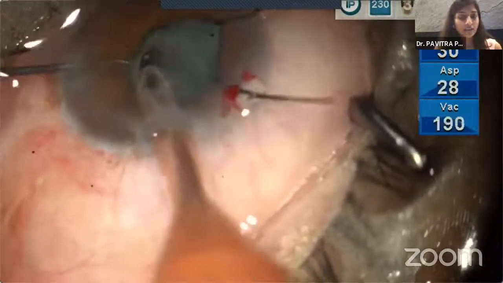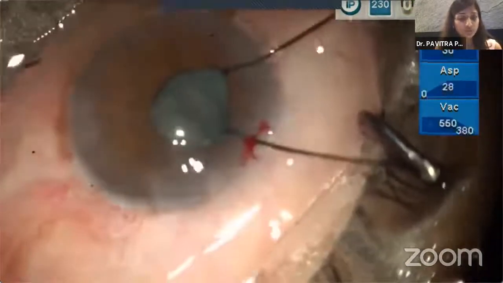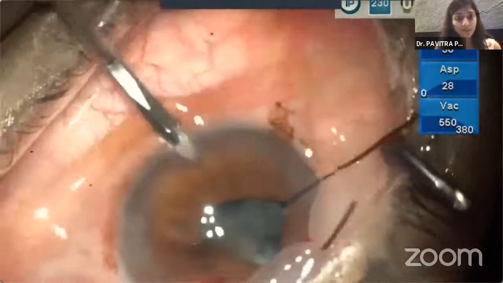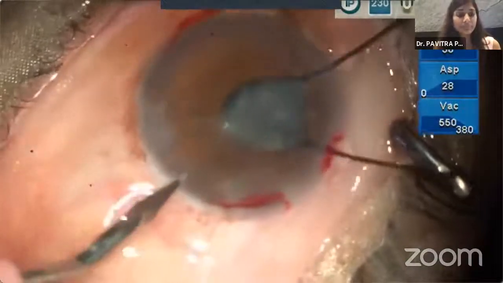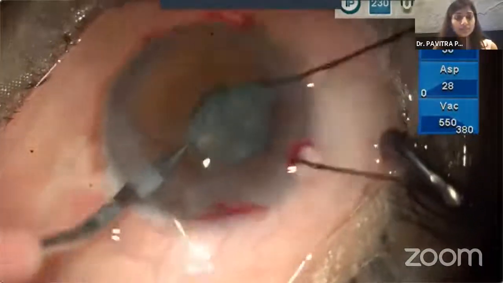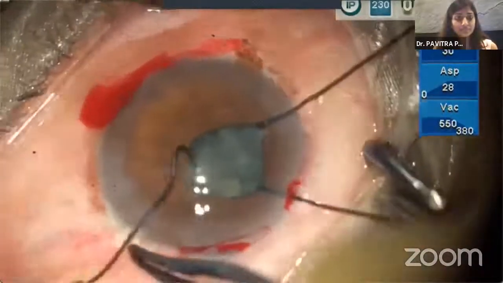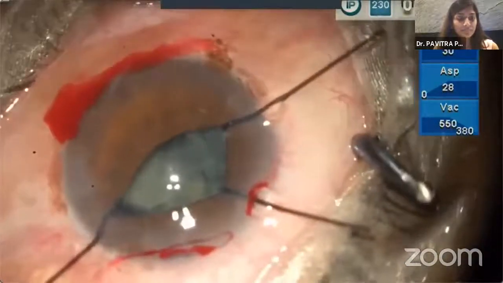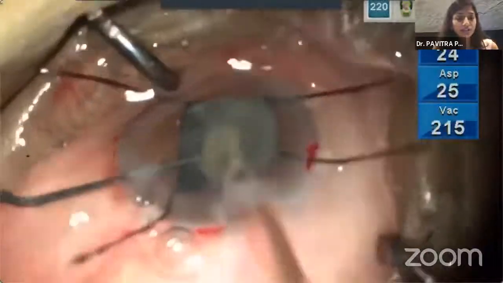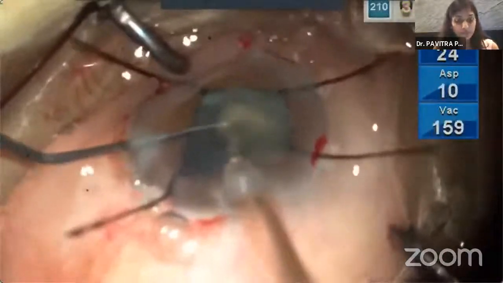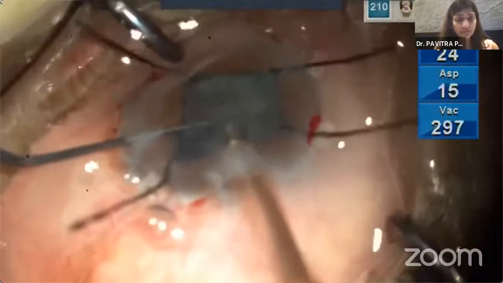So then I thought of placing 2 more hooks for better visualization. And after placing the 2 hooks, the remaining nucleus and the epinuclear sheet was removed.